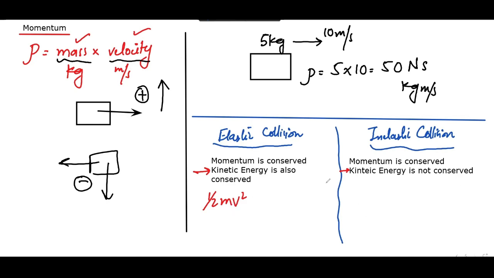So in elastic, what happens is that two objects may be moving towards each other, they separate from each other, or they may end up moving towards the same direction, but they will not be in contact anymore. In inelastic, this is just a generic case. It's not going to happen every time. If you have to give the verdict, you have to give the verdict based on elastic and inelastic.